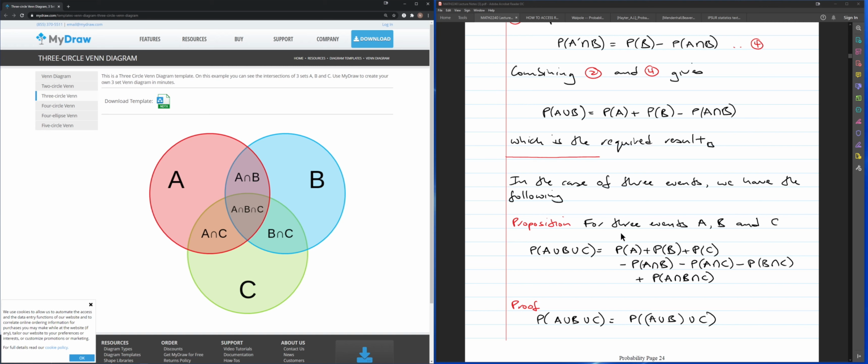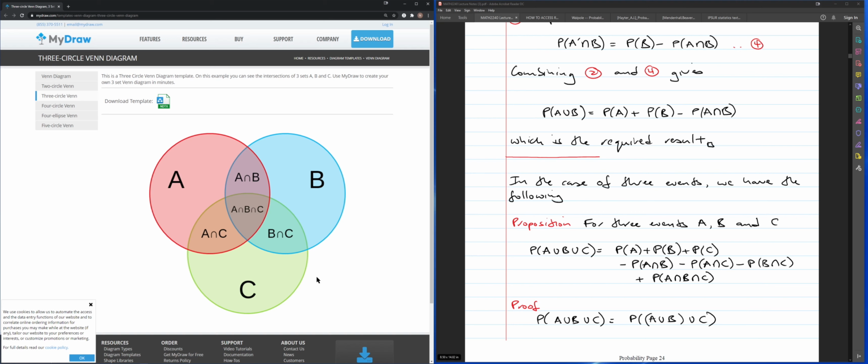So similarly, for the probability of the union of three events, you add the probability of A plus the probability of B plus the probability of C. You subtract off the pairwise intersections to prevent the double counting, but when you subtract off all of this, you subtract off too much.